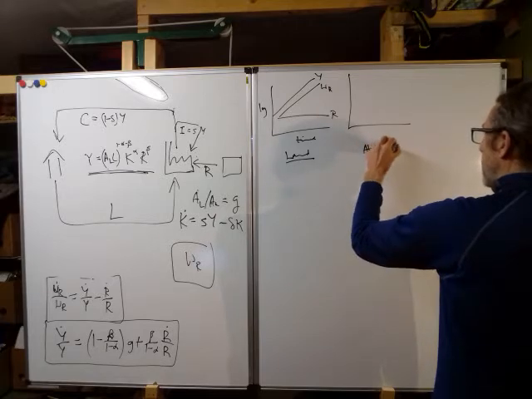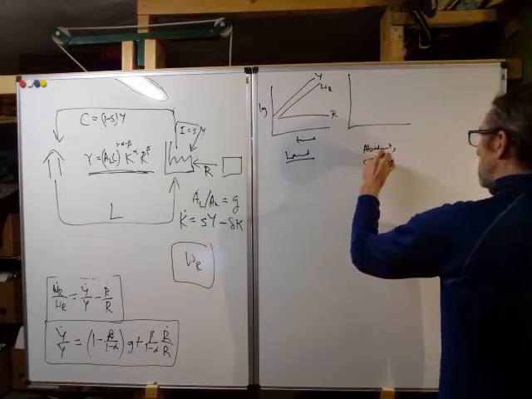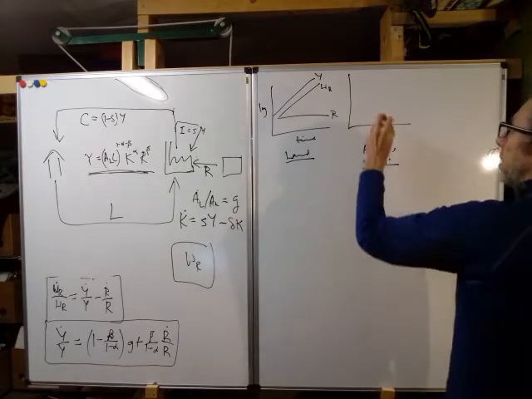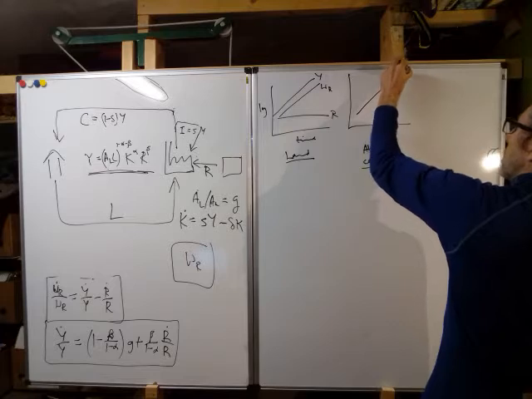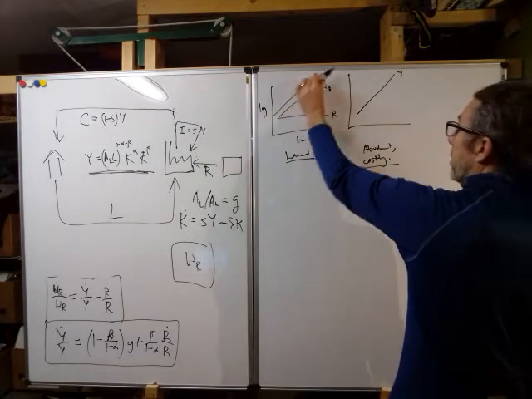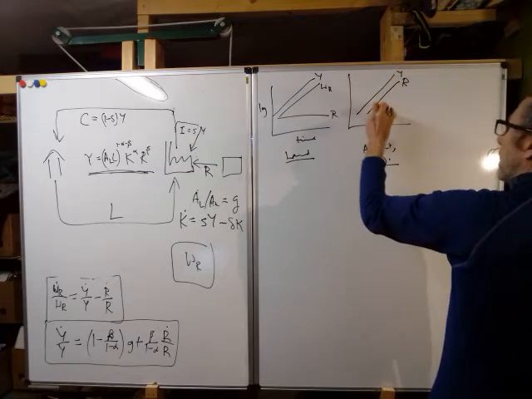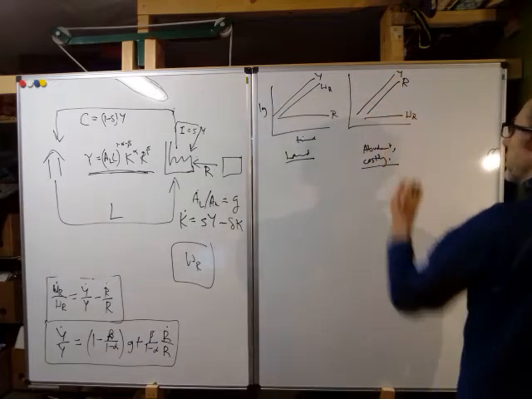The abundant costly model, what did that show? That showed slightly steeper growth in Y. R tracks Y and WR is constant.